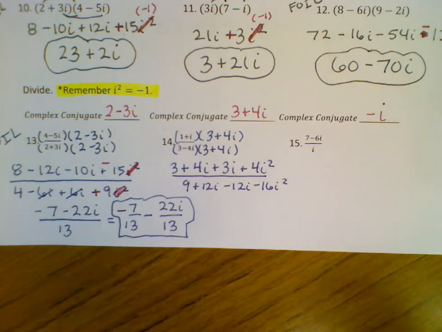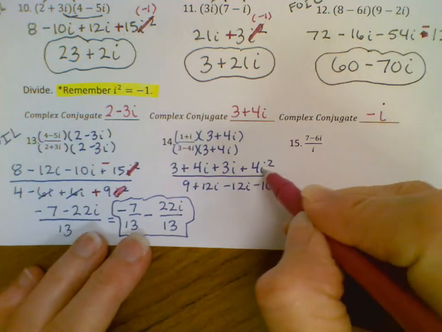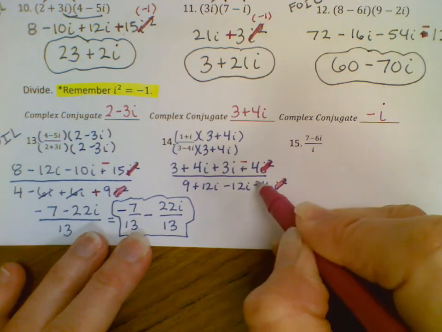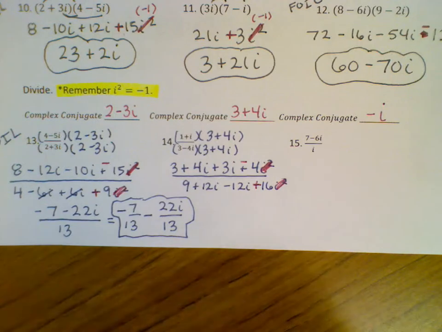Okay. So let's take care of those i squareds first. So get those out of there. This is going to become a -4, and this will be a plus 16. They just go to their opposite.